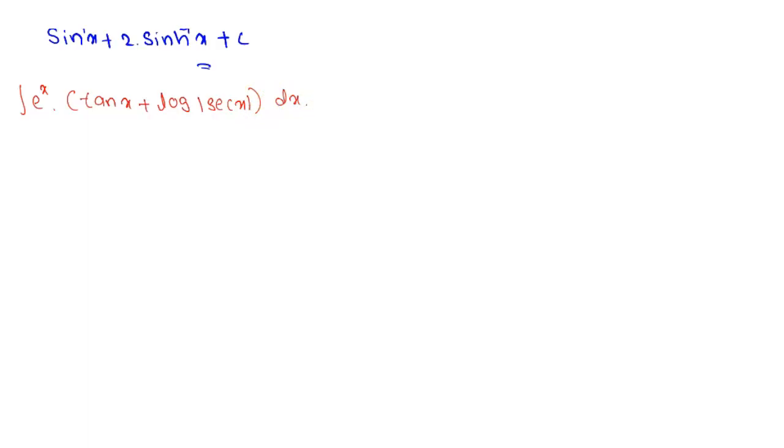So here we have the formula. The formula is integral e power x into f of x plus f dash of x dx is equal to e power x into f of x plus c. So this is the answer formula.